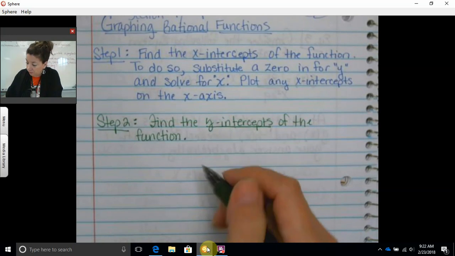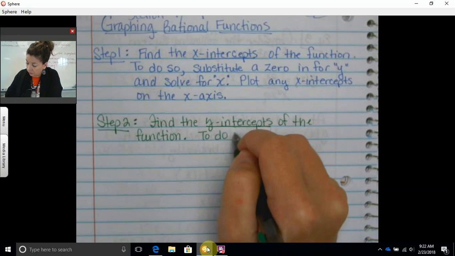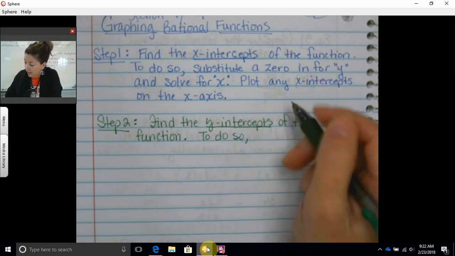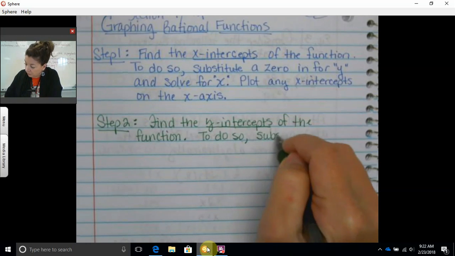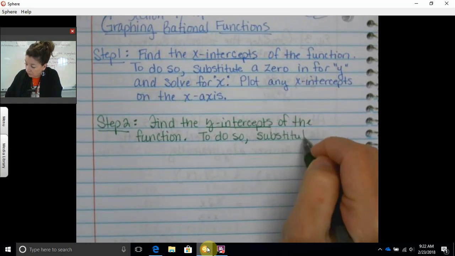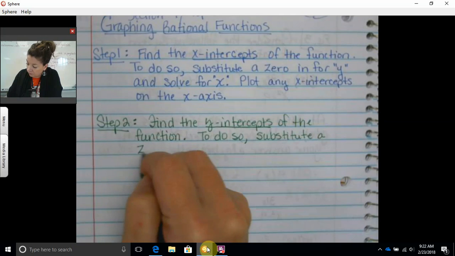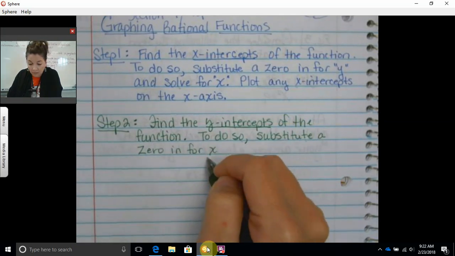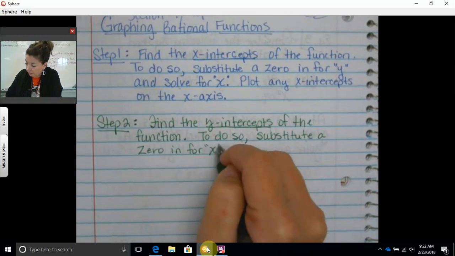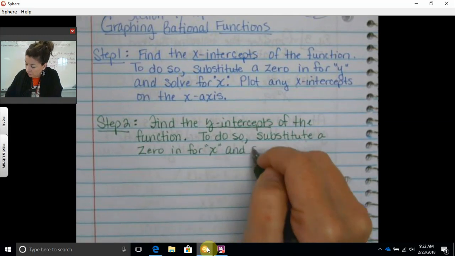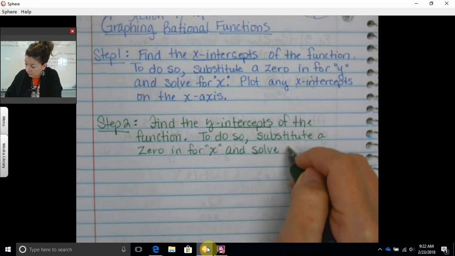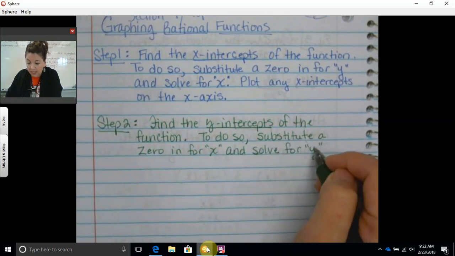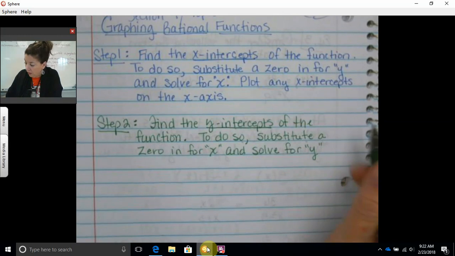To do so, substitute a 0 in for x and solve for y. Plot any y-intercepts on the y-axis.